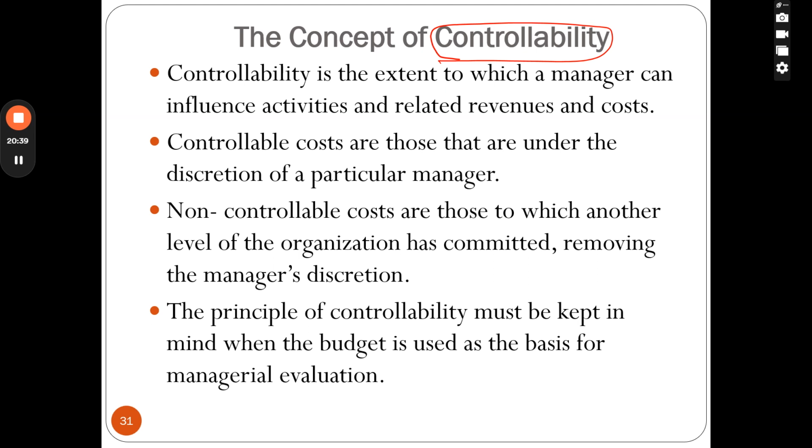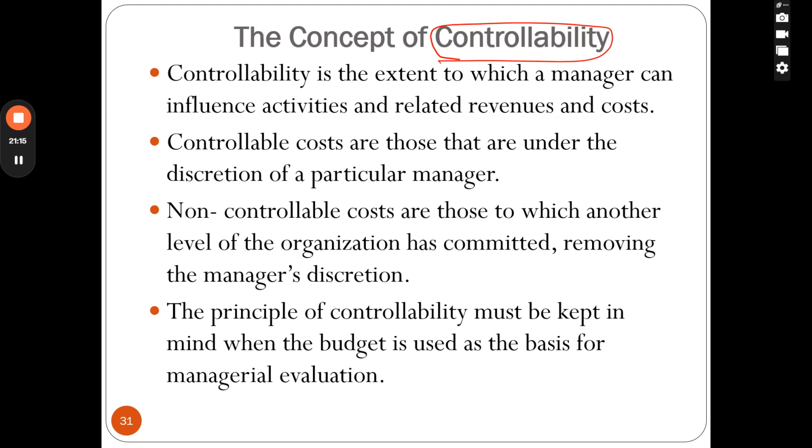For example, a production manager can control the cost of material used in production. It is based on his decision. But there are some costs that are imposed on the department. Maybe you have some corporate expenses that have been imposed on all the departments that he cannot control.